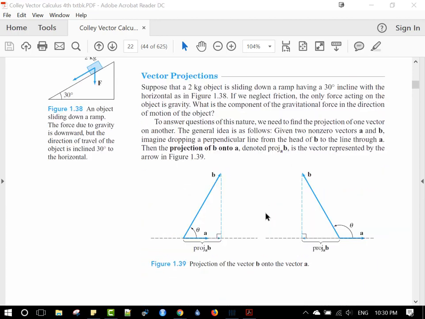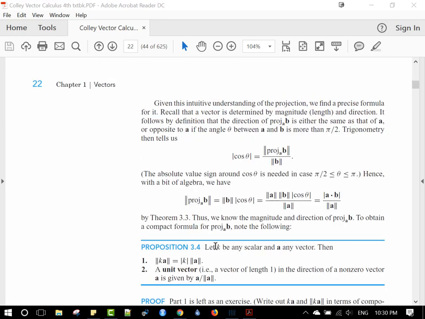Where do we want to start from? From the idea of what we mean by projection. Given this intuitive understanding, we find the precise formula for it. Recall that a vector is determined by its magnitude and its direction. It follows by definition that the direction is either the same as A or the opposite. If the angle theta between A and B is more than pi over 2, it's going to be in the opposite direction.